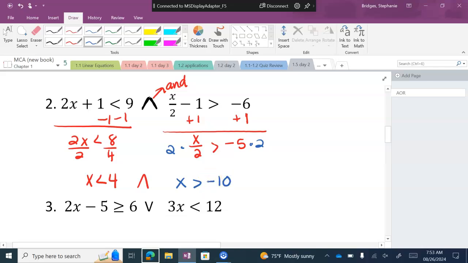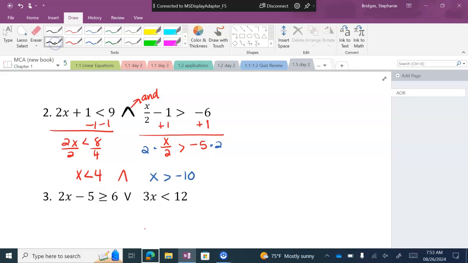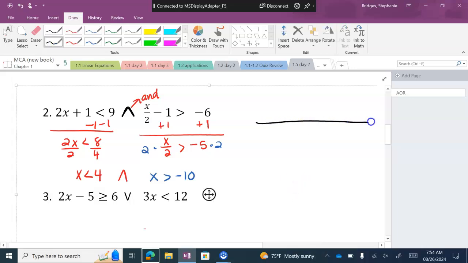So I have x is less than 4 and x is greater than negative 10. So once we get each one solved, we're going to go to the number line again. Remember, the smallest number goes on the left. What's smaller, 4 or negative 10? Negative 10. Okay.